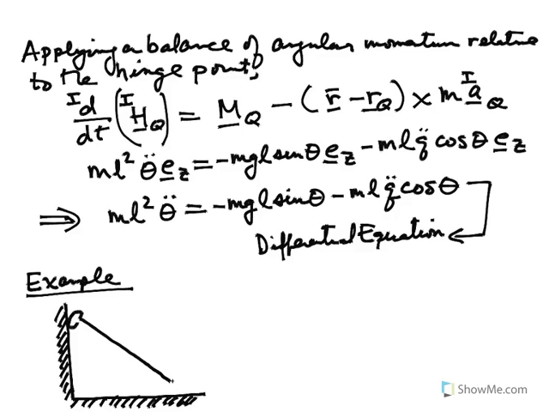So here is the setup. Let me draw this to make it a little clearer. This arm has a point P and a mass M, and another point, which I'm going to call Q, and another mass M. So there are particle masses at the ends of this arm.